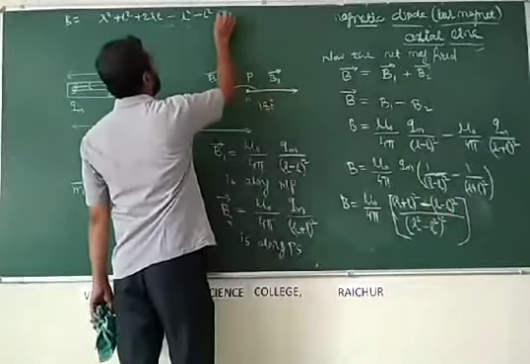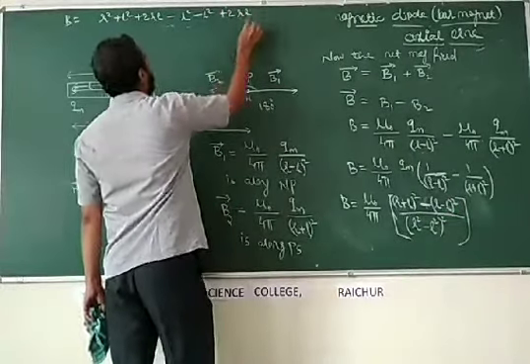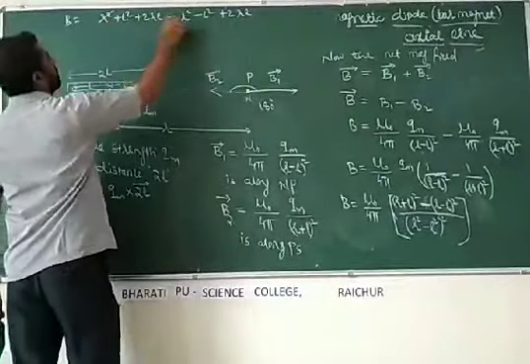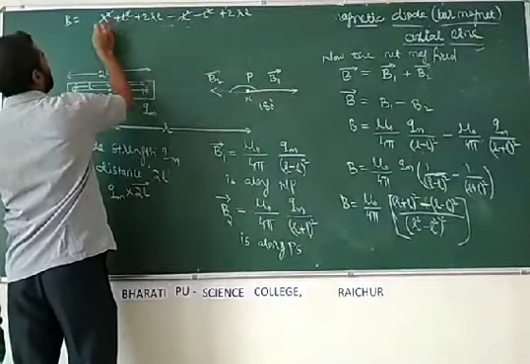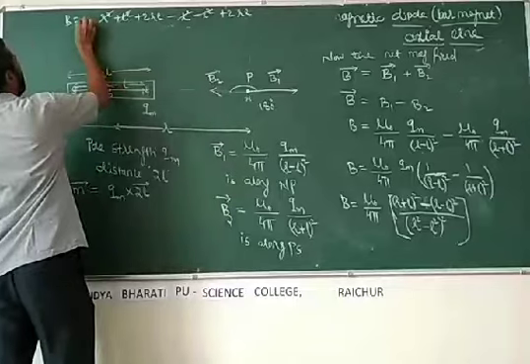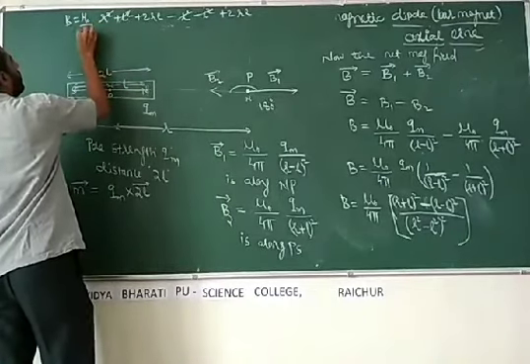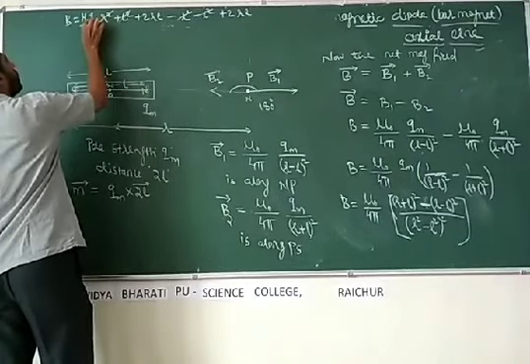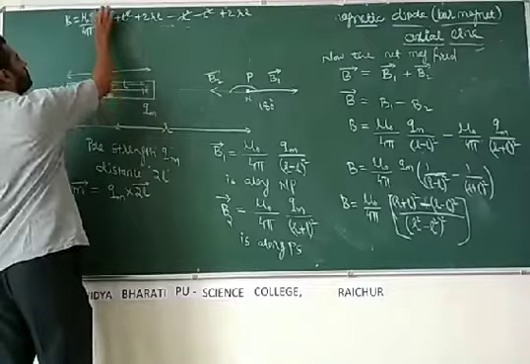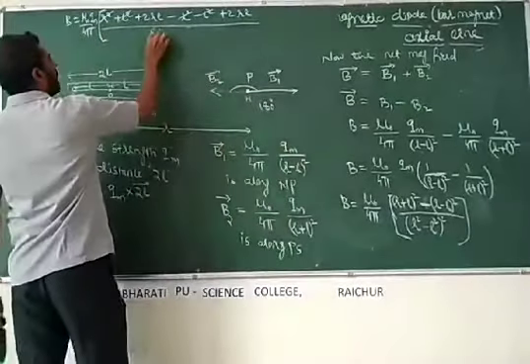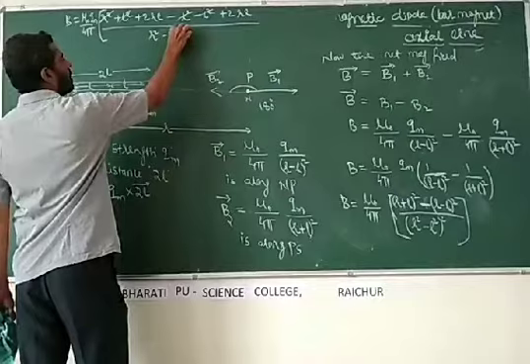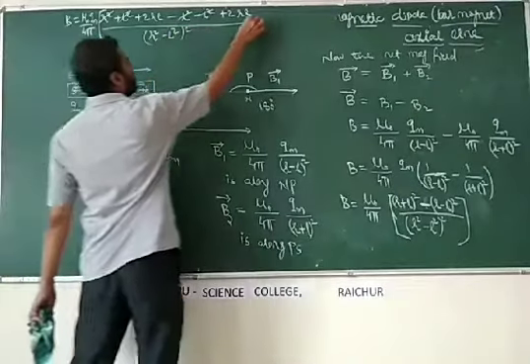This minus that, it will become plus 2rl plus 2rl, and r square minus r square plus l square minus l square cancel, it will become 4rl. So B is equal to mu naught by 4 pi into qm, divided by (r square minus l square) whole to the power of 2.